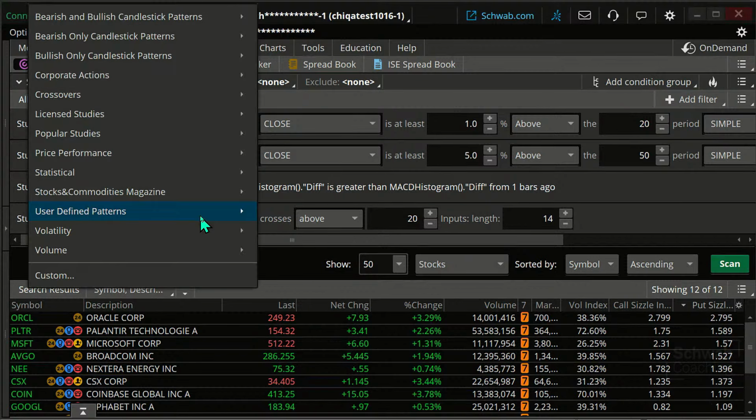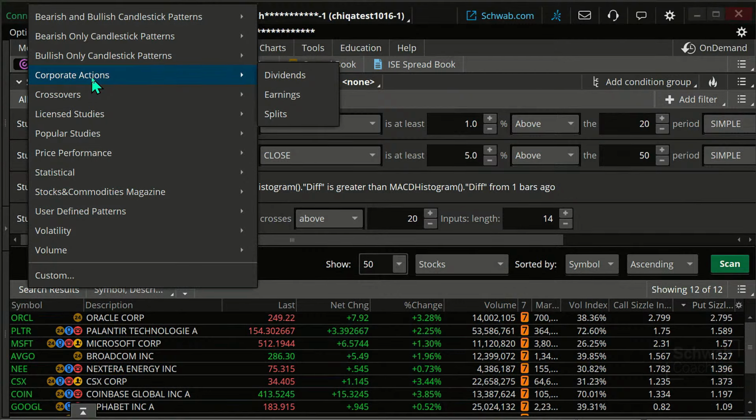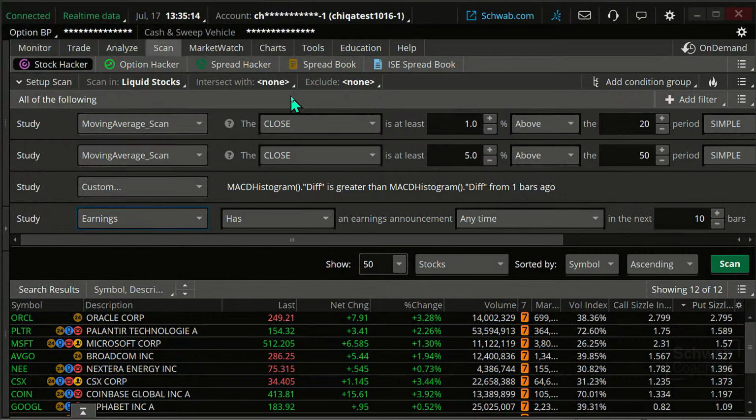And I can click here on corporate actions. Earnings is a corporate action, just like a dividend release is a corporate action. So I'm going to go to corporate actions. I'm going to say earnings. And then what am I going to do? Let me read it. It has an earnings announcement anytime in the next 10 days, 10 bars.